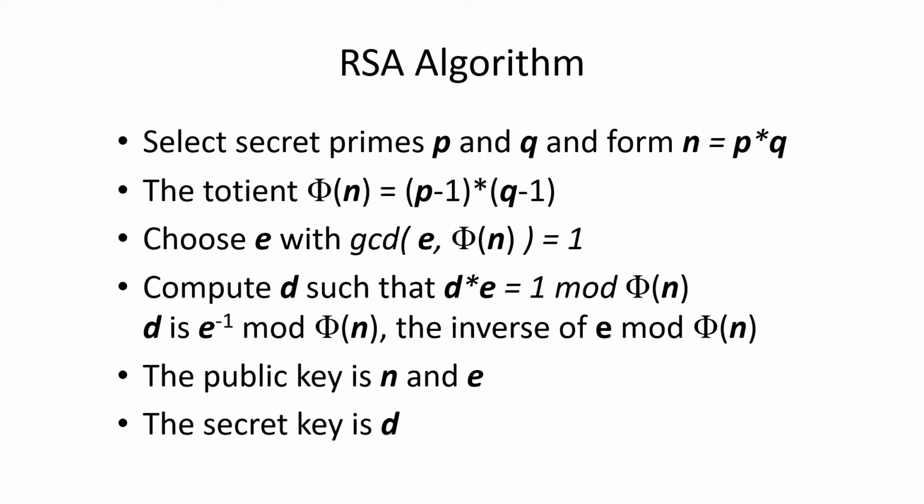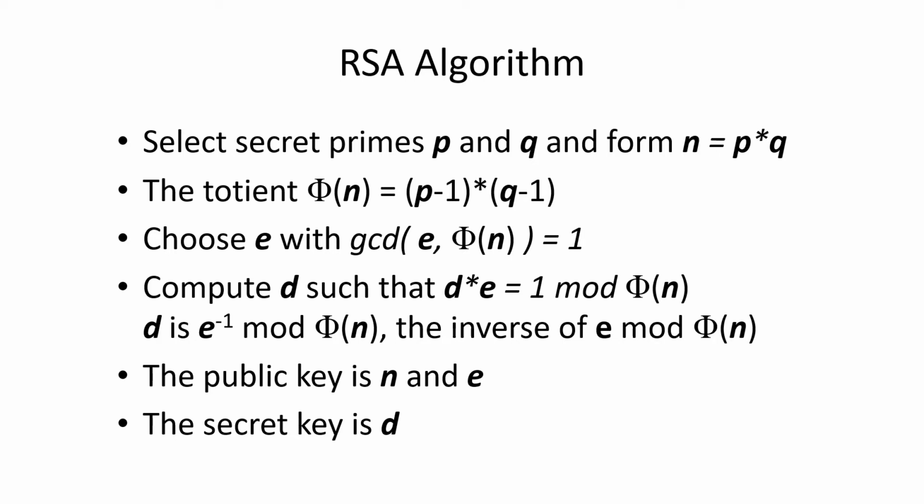And you do that by choosing a D such that D is the inverse of E mod the totient of N, or D times E equals 1 mod the totient. In other words, remember we're dealing with mod numbers or rings. And so you want a number that you can multiply times E and end up with the value 1, or the mathematical inverse of E.